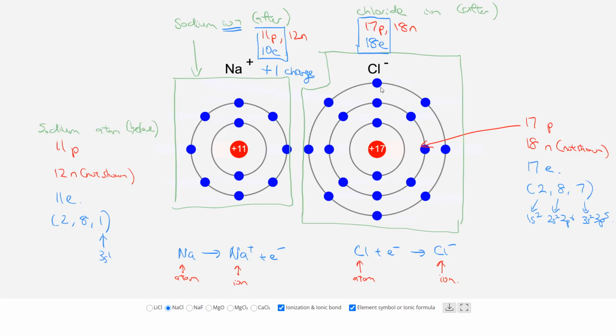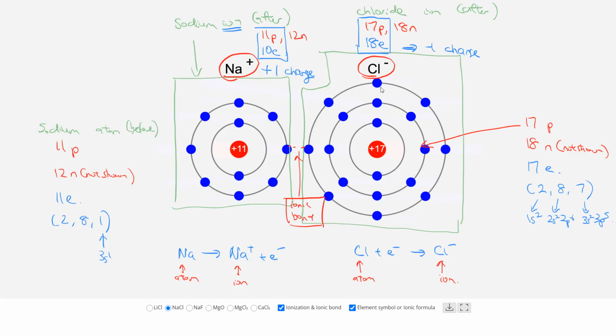The number of electrons is 18. The number of protons is 17. So you have one more electron than you have protons. That will then result in a -1 charge. So that's why we say it's Cl-. And a Cl- is a chloride ion. That's why this is an Na+, which is a sodium ion. You should be aware that a positive charge and a negative charge attract. And as a result of that, this attraction between them is the ionic bond.